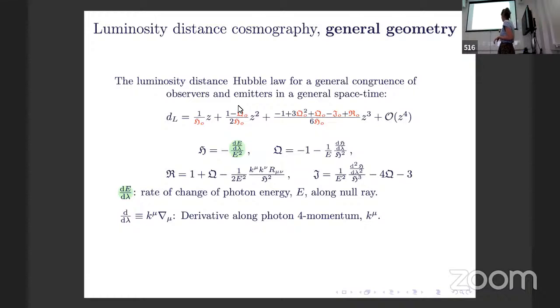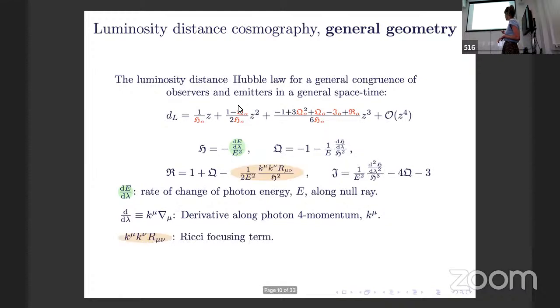And when we go to higher order, we see that the effective deceleration parameter can be written in terms of the derivative of this effective Hubble parameter. When we go to third order, we have an effective curvature parameter in which there's a Ricci focusing term entering, which tells us about how null rays are focusing as they approach the observer.